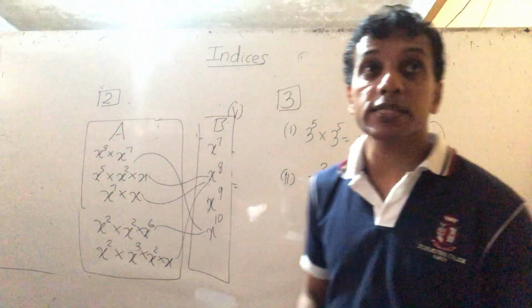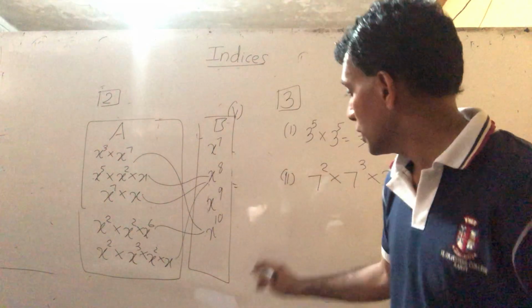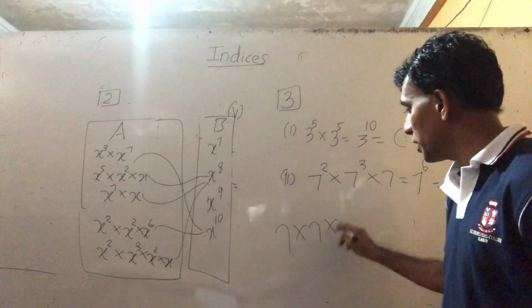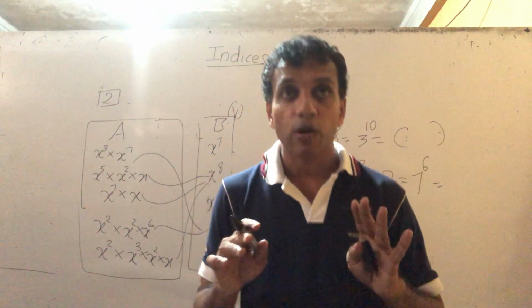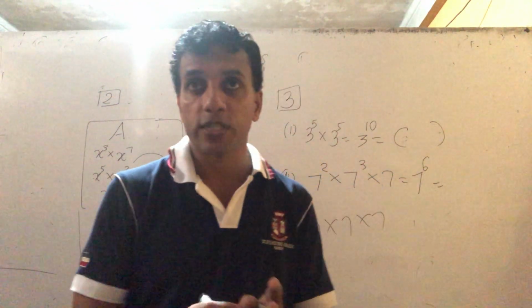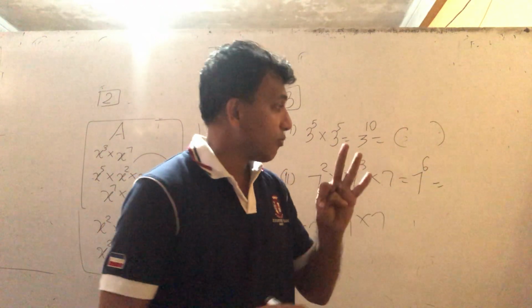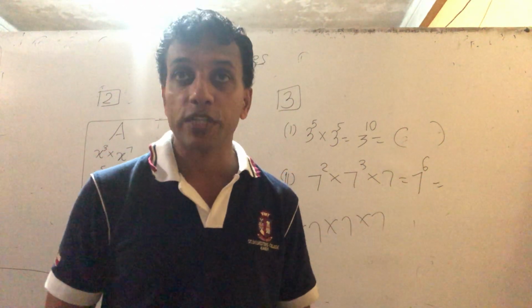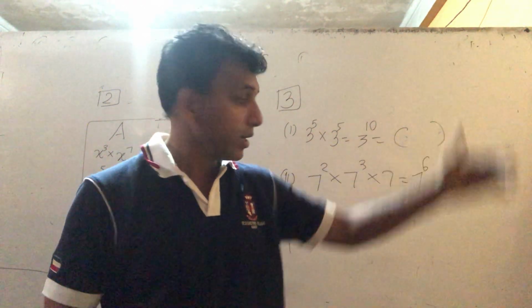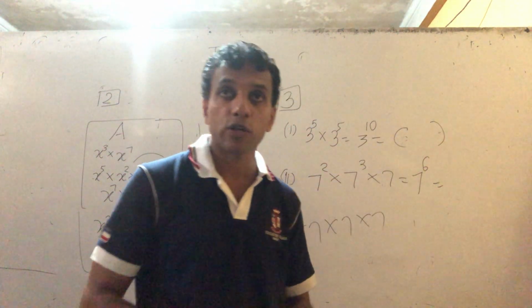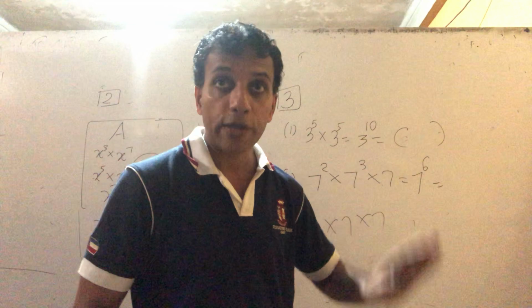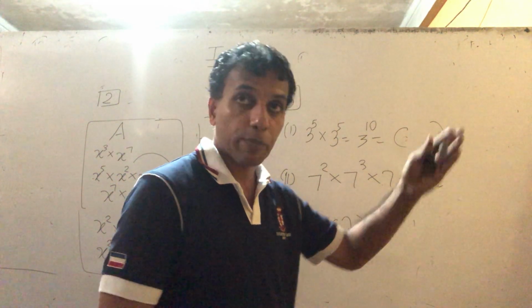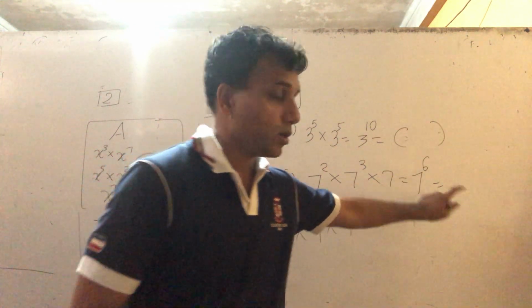And write the answer. What is 7 to the power 6? 7 multiplied by 7 multiplied by 7, like this multiply 6 times and without error get the accurate value. 7 times 7 is 49. 49 times 7 is 343, like that. Multiply everything and get the answer of 7 to the power 6. Not only find the power but also the value. I hope you can calculate by multiplying 7 six times and write the value.